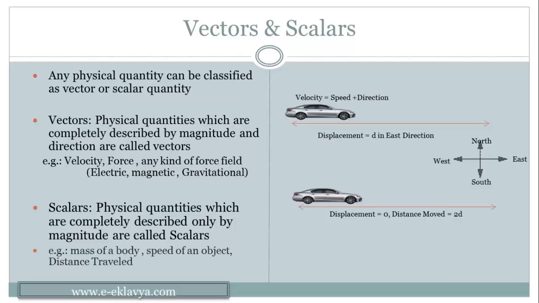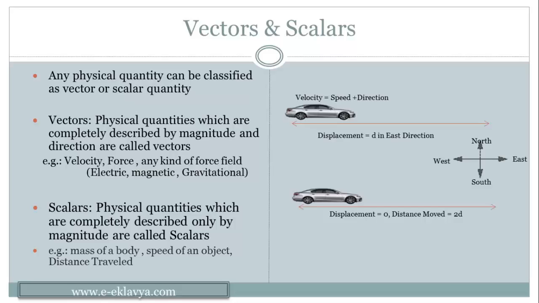On the other hand, when we say that a car is moving with a velocity of 10 kilometers per hour in the east direction, here in order to specify the velocity we need to give the speed at which it is traveling and the direction in which it is traveling.